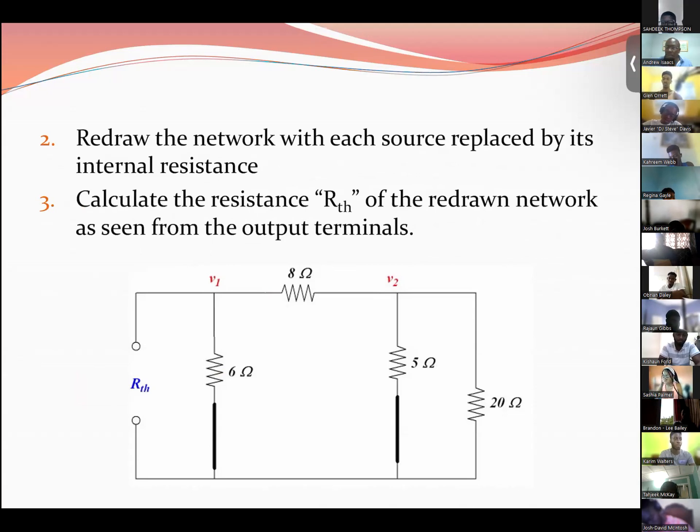Now, by now, again, I expect that you are comfortable with writing these resistance equations. So you're looking into these terminals for the resistance. So redraw your circuit, please, and go ahead and calculate our Thevenin resistance for me.